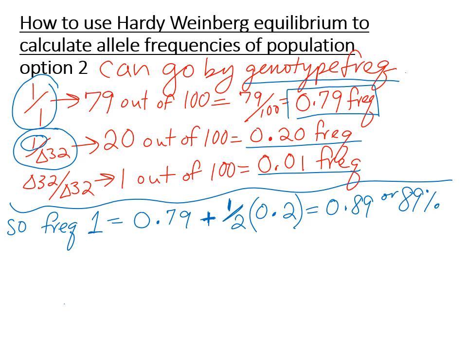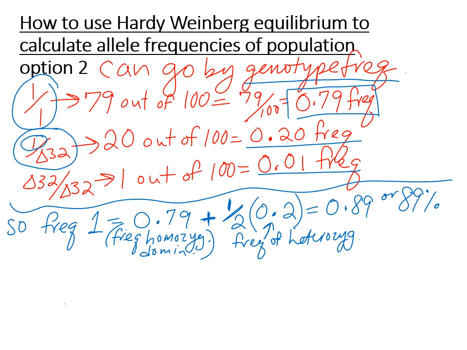Okay, and for your notes, in case you forget where we got the numbers, 0.79 is the frequency of homozygous dominant, and then 0.2 is the frequency of heterozygous. Okay? And then the last thing to calculate is the frequency of our second allele, which is delta 32.